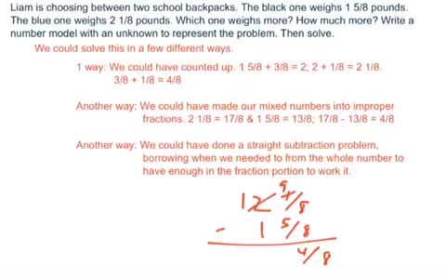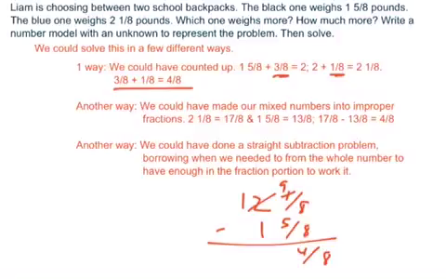To get from 1 5/8 to 2, I'm just going to add 3/8. 3/8 and 5/8 would equal 8/8, so 1 and 8/8 is the same as 2. Then, to get to 2 1/8, I'm just going to add 1/8 more. So I'm using this 3/8 and this 1/8 to tell me that it's 4/8 more. So the blue one is 4/8 more.